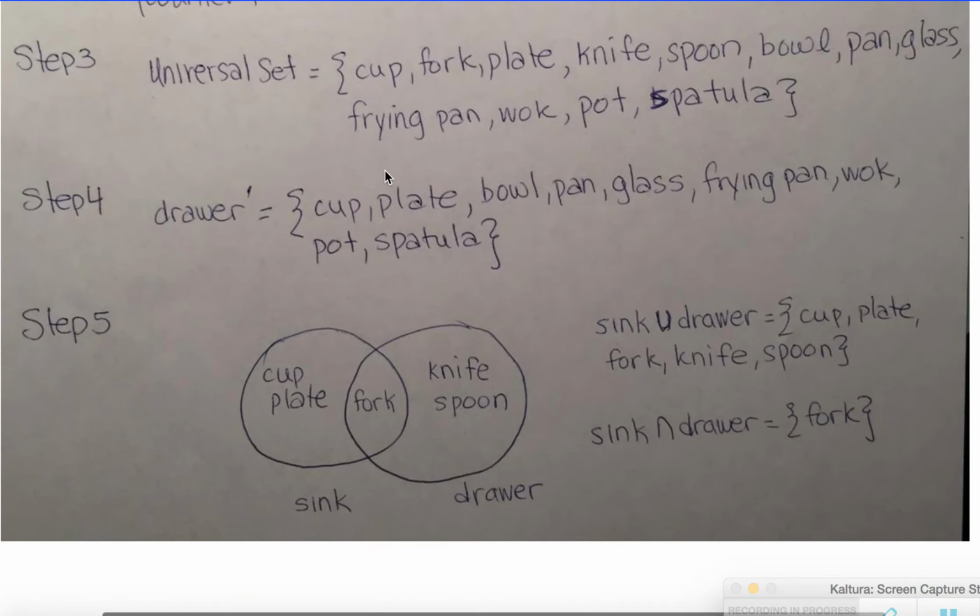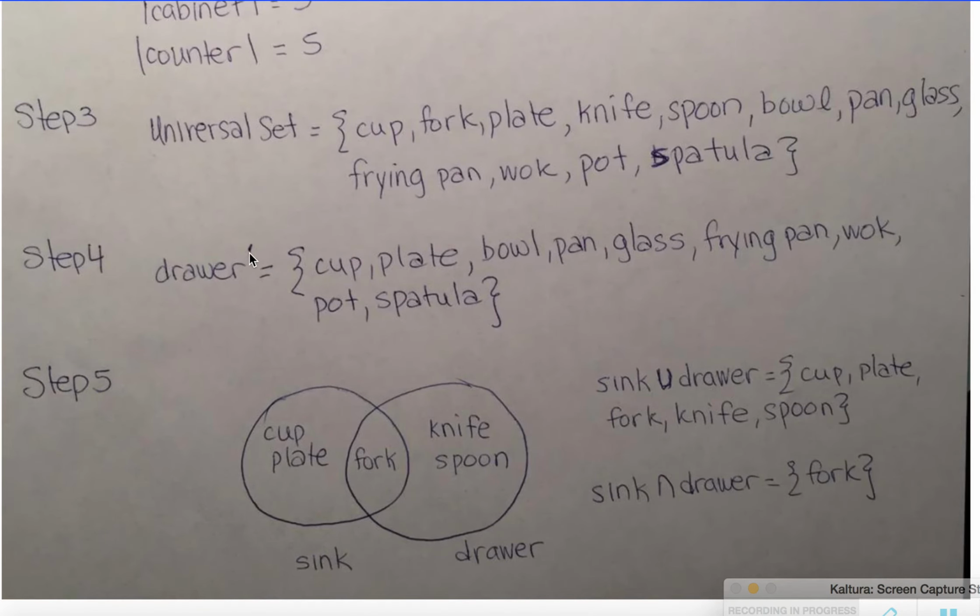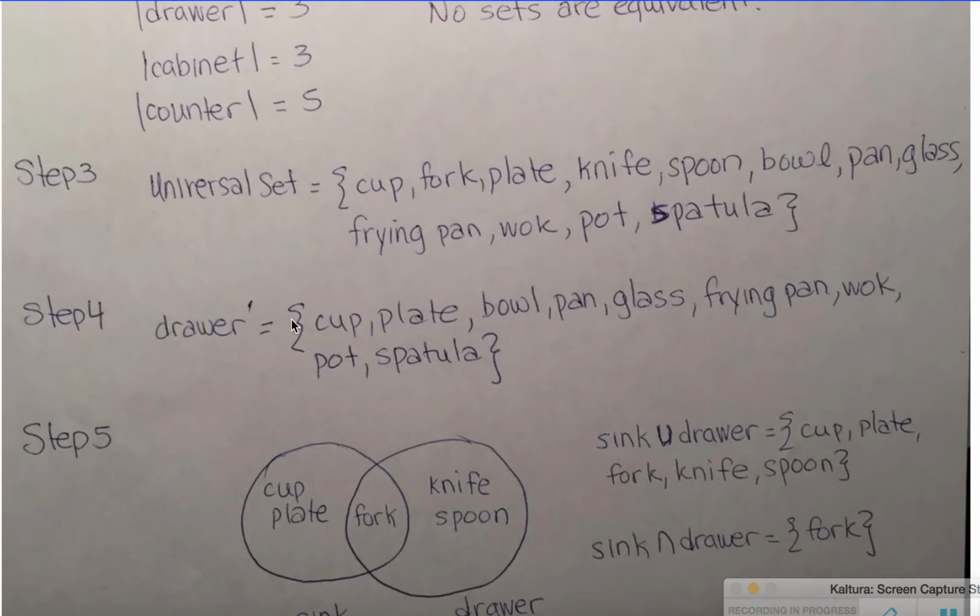Now, step 4, it says to pick one of the areas and write out the complement of the set. So I picked the drawer, and the complement is denoted with this a quote, not a single quote, up here. Okay, and what is the complement?